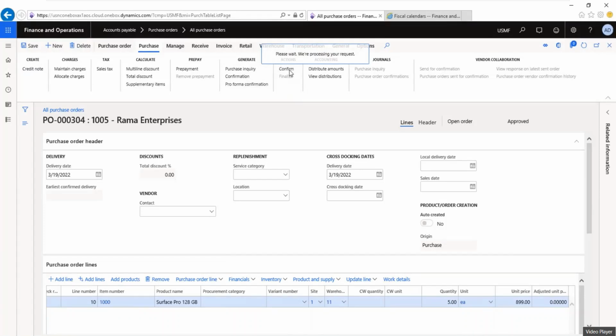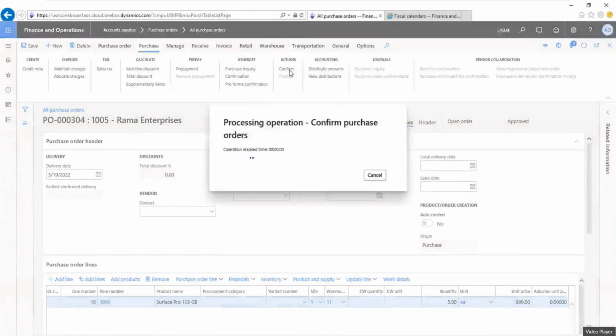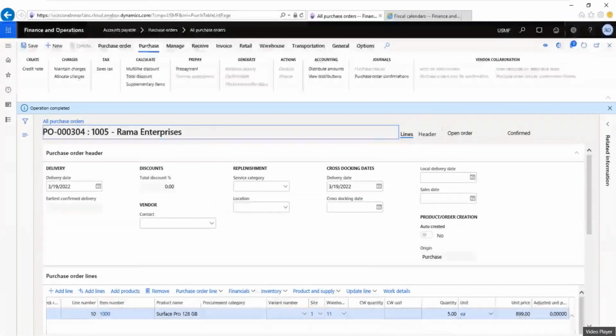So I'm using the small confirm button instead of confirmation. So the status of the purchase order will be changed to approved. The status of the purchase order changed to approved. Okay, approved to confirmed. I'm sorry, approved to confirmed.